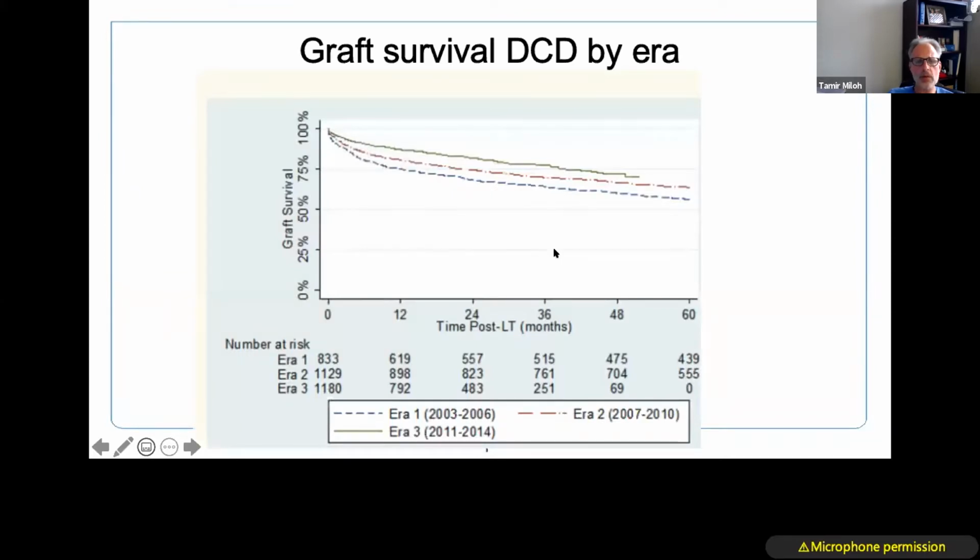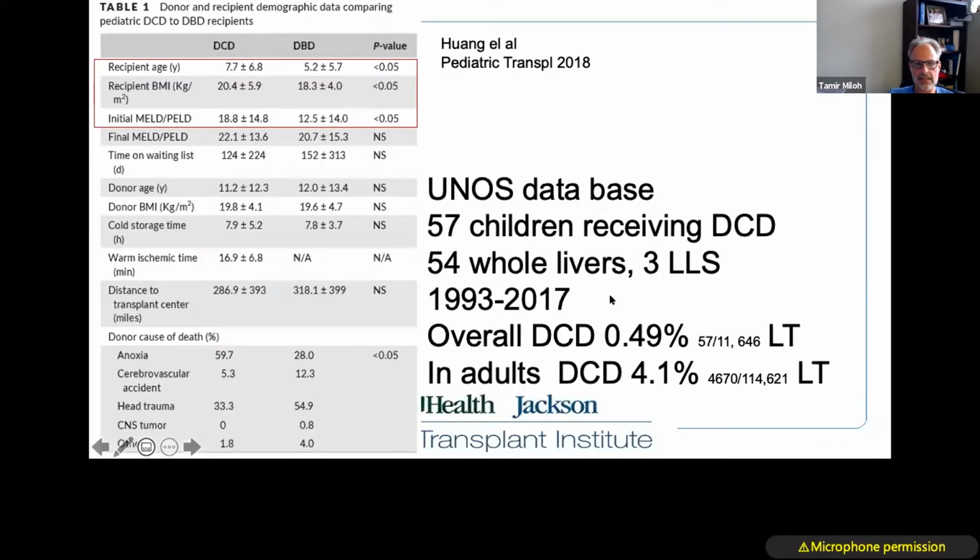The good news is we've gotten better over time. You can see that if you compare the eras, the graft survival has definitely improved in recent years of receiving a DCD. In particular about kids, this is a case summary of 57 children who received a DCD, of which 54 were whole livers and 3 were left lateral segment.